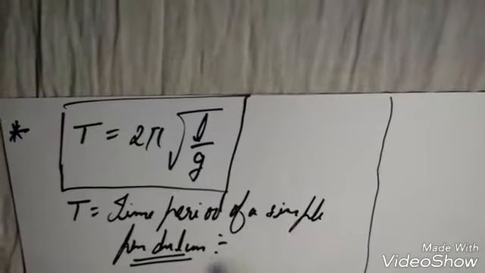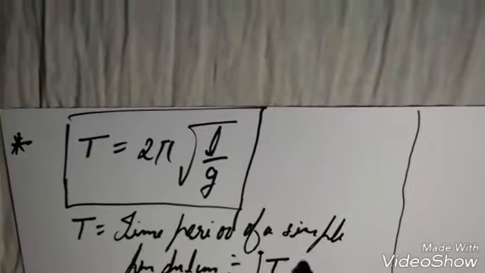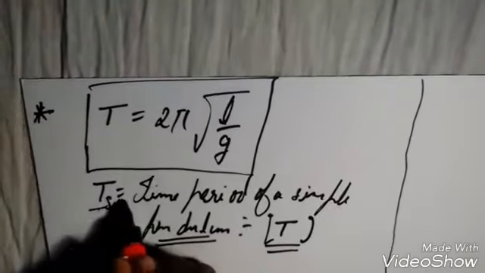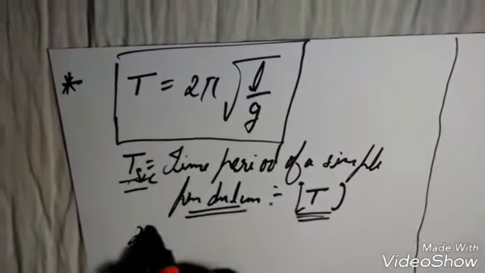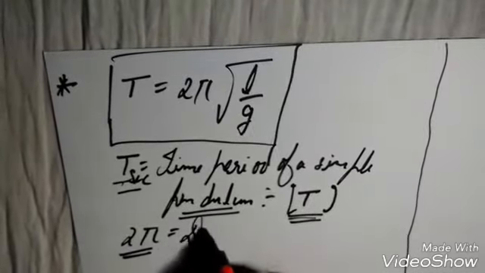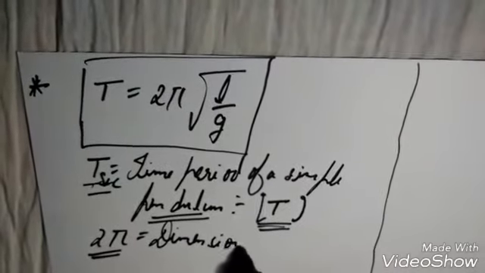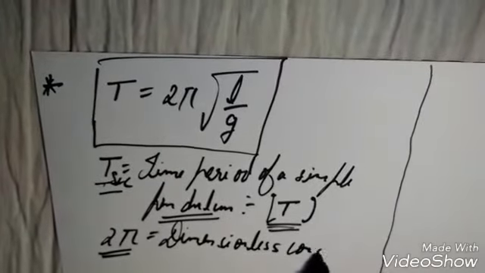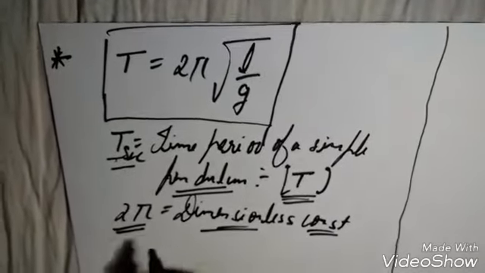As a physical quantity, it is time and it has a dimension of capital T. It is time in seconds and it has a dimension of capital T. 2 pi is a dimensionless constant. It does not have any dimensions. It has 0 dimensions.